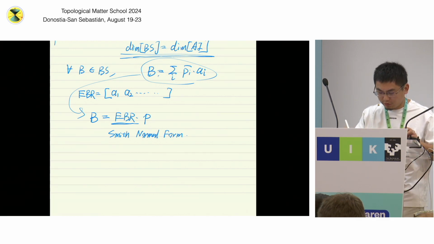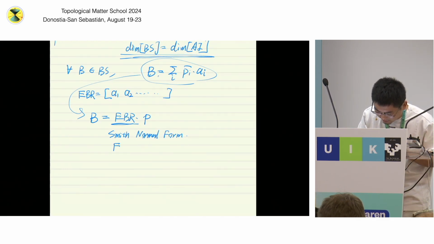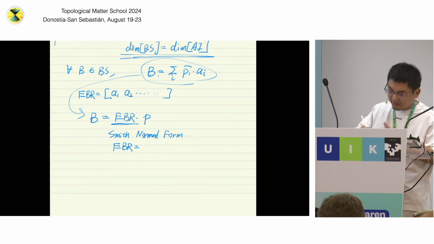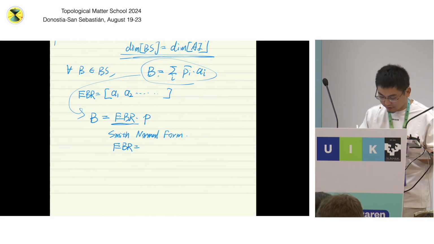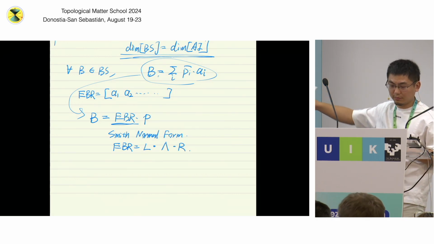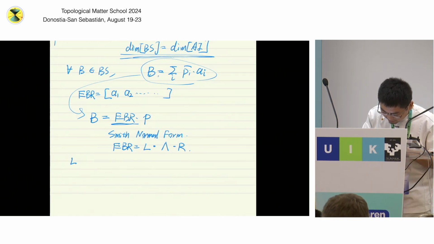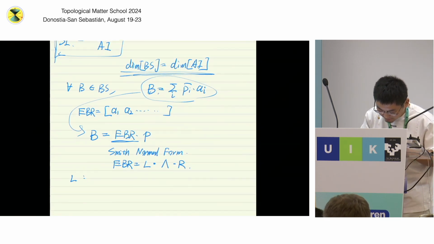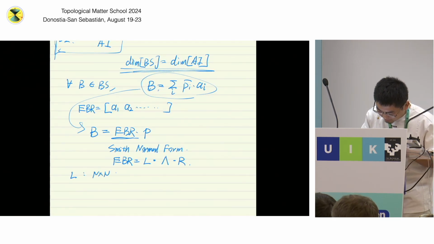Through this Smith normal form decomposition, the statement is that for any integer valued matrix, you can always decompose it in this form, in this L lambda R form. And here, L is an n by n unimodular matrix.